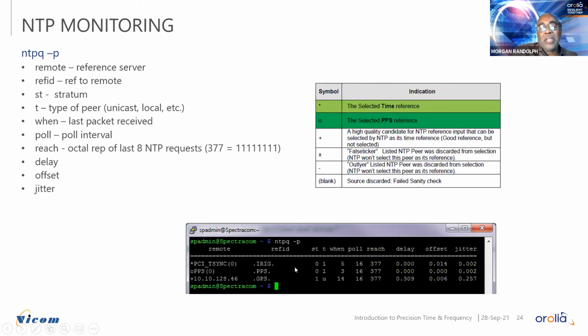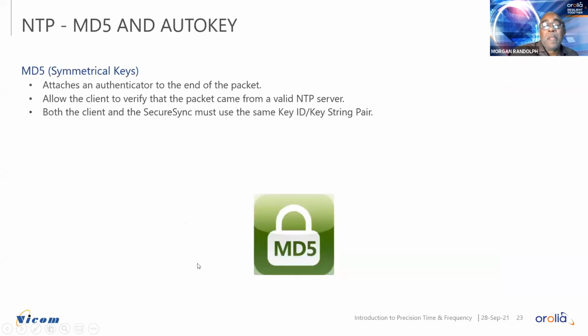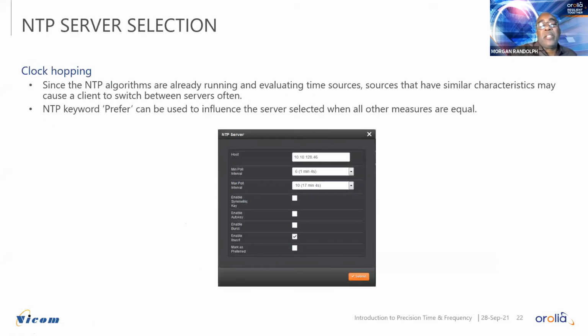These items here are the Stratum 0, so that's what's happening internally. We're providing PPS. This is getting the TSync PCI card. That's the driver that we use to run our internal clock. But this right here is the server. Now, if you notice, that's the same IP address that was put in up here, okay?